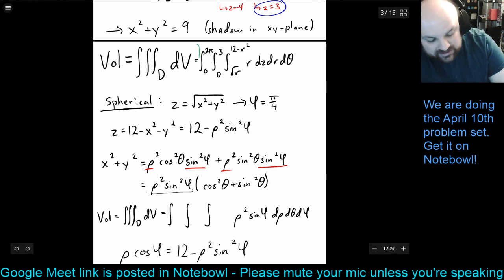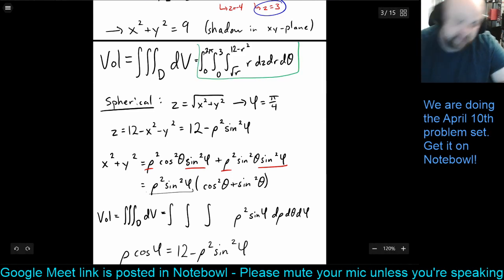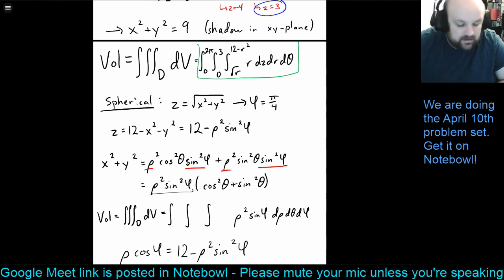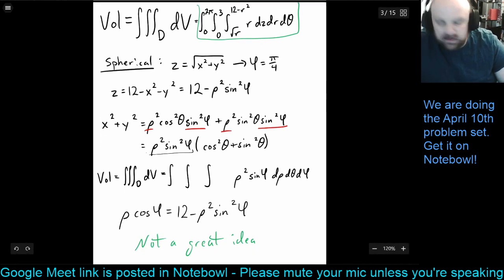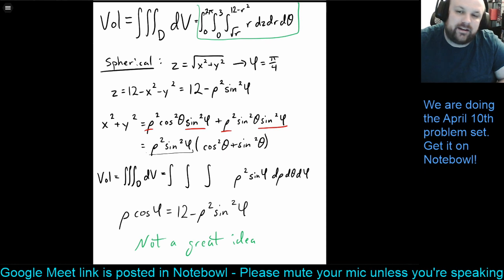Whereas, if we look at this in cylindrical, this becomes pretty simple. Let me point out here that not all coordinate systems are right for every integral. Since we have a lack of a z-squared term in this paraboloid here, things become a little bit tricky.